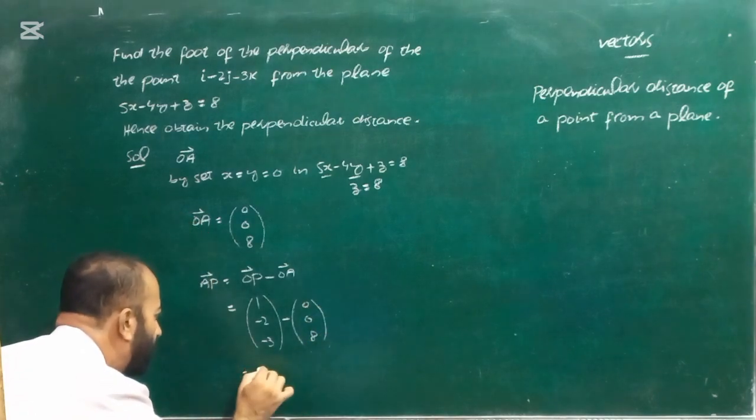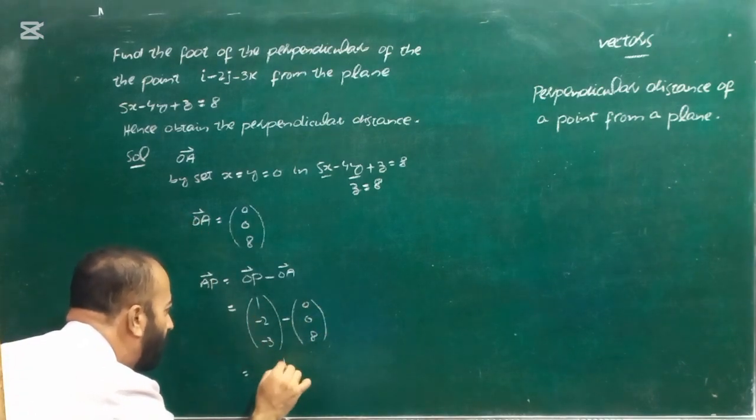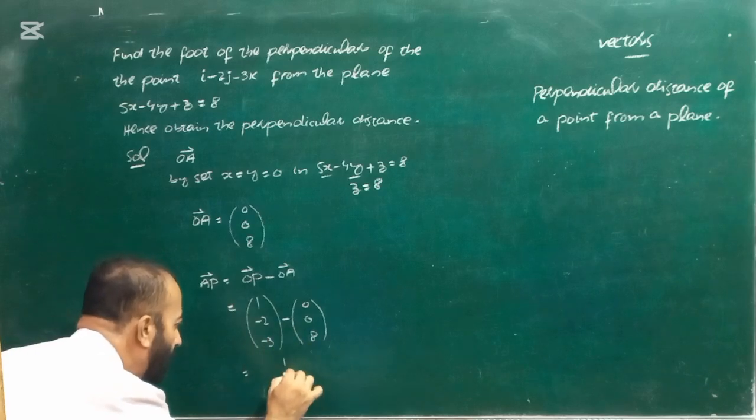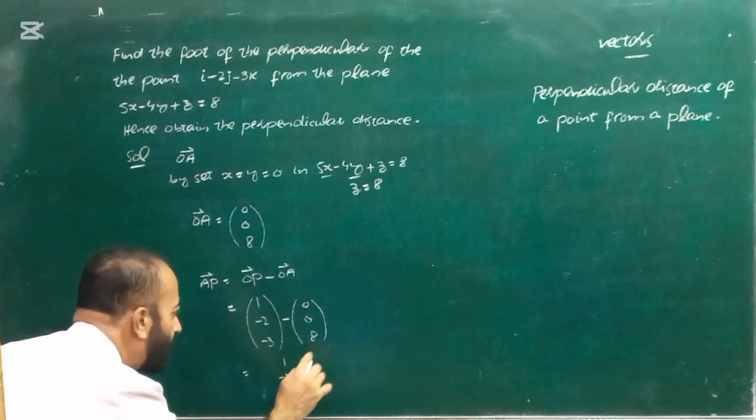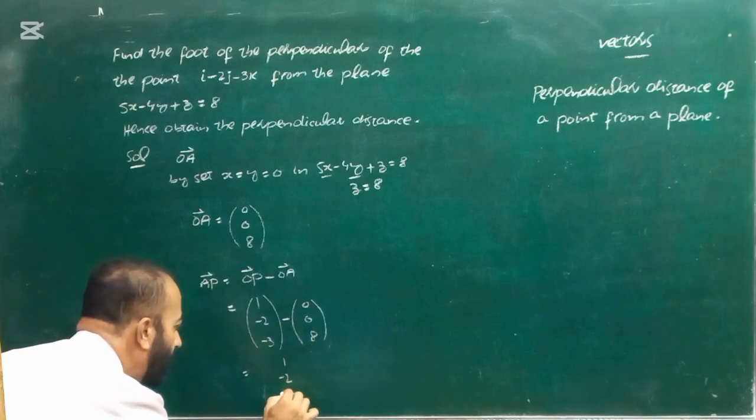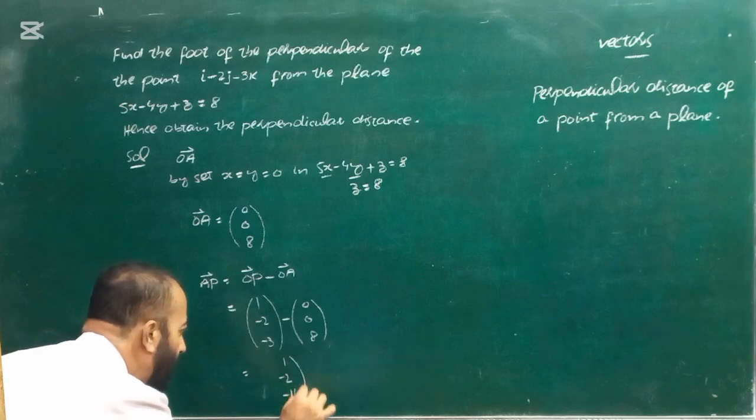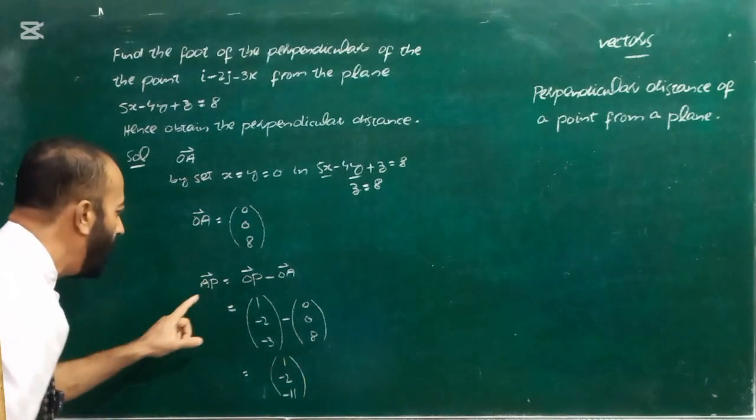From here, 1 minus 0 will be 1, minus 2 minus 0 will be minus 2, and minus 3 minus 8 will be minus 11. So this is AP vector.